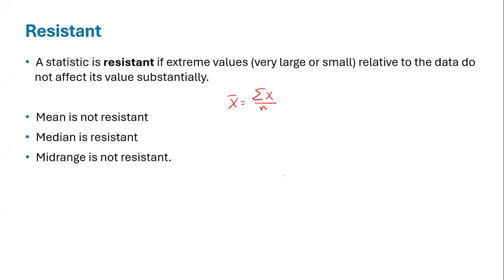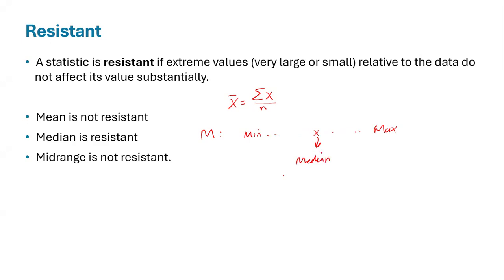What about the median? Is the median resistant? For finding the median, we need to put the numbers in order from the least to greatest. And we know that the median is the number that's exactly in the middle of the data set.